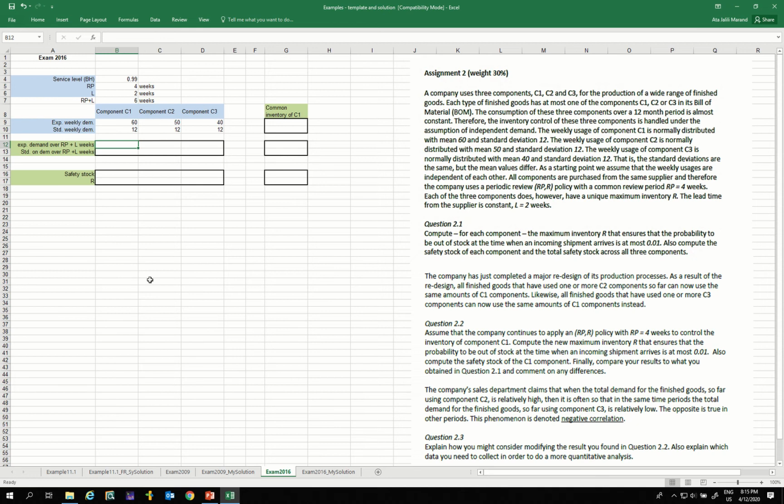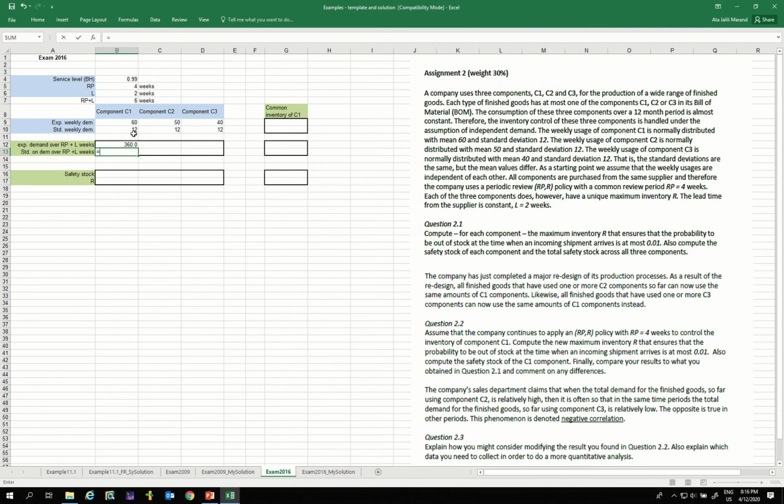Okay, let's do the calculations for each component. For the first component, we need to calculate the average and also standard deviation of demand over Rp plus L, because it is a periodic review system, so we will use these values in our calculations. The average is Rp plus L multiplied by the average weekly demand.